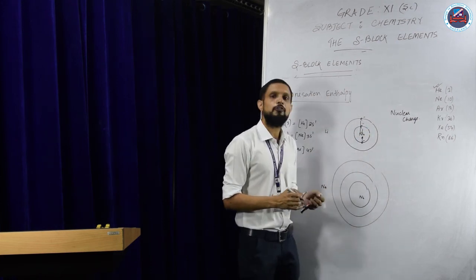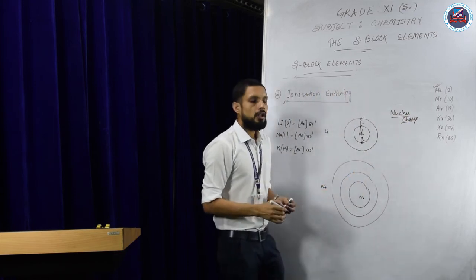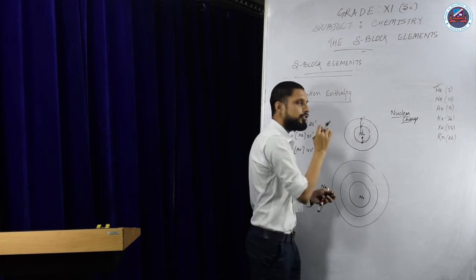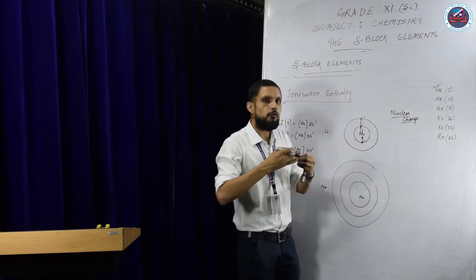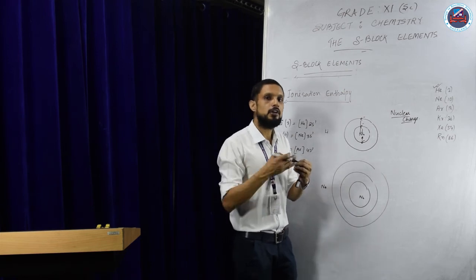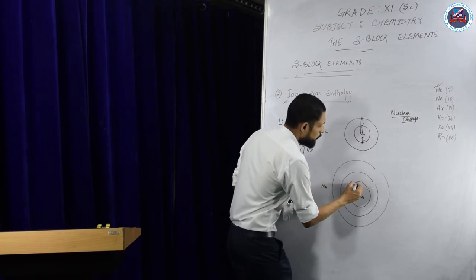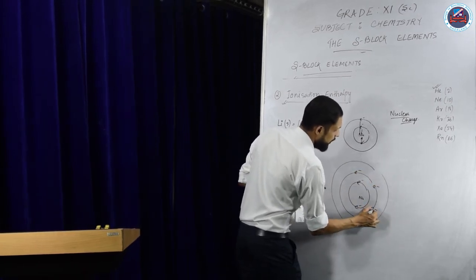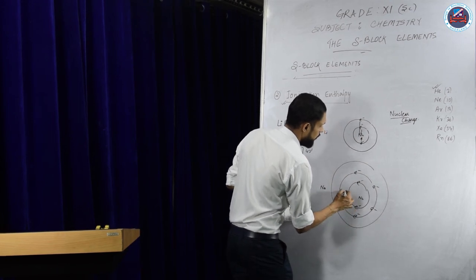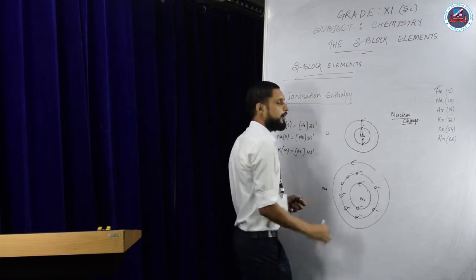This property of the nucleus is known as nuclear charge. If the electron is closer to the nucleus, nuclear charge is more. If the electron moves far away from the nucleus, nuclear charge will decrease. In case of sodium, first shell you have 2 electrons, second shell you have 8 electrons, third shell you have 1 electron.